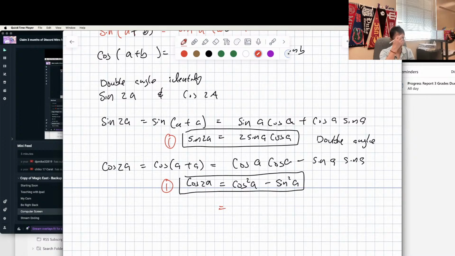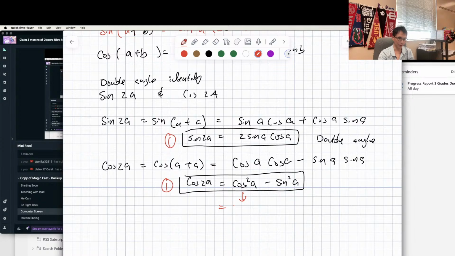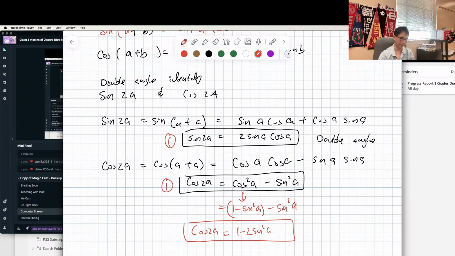I can say cosine square is 1 minus sine square of a, and then minus sine square of a. So it becomes 1 minus 2 sine square of a. This is another version.